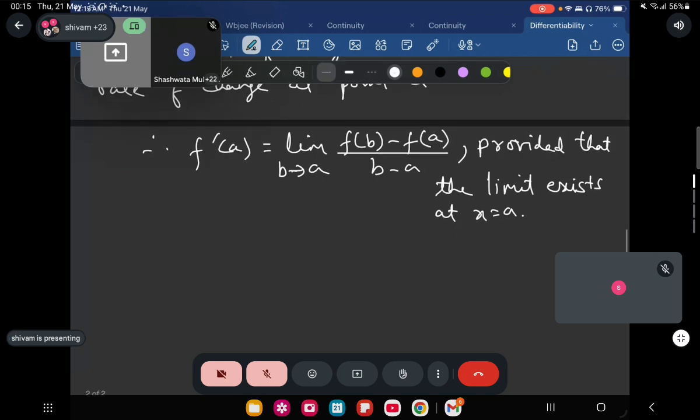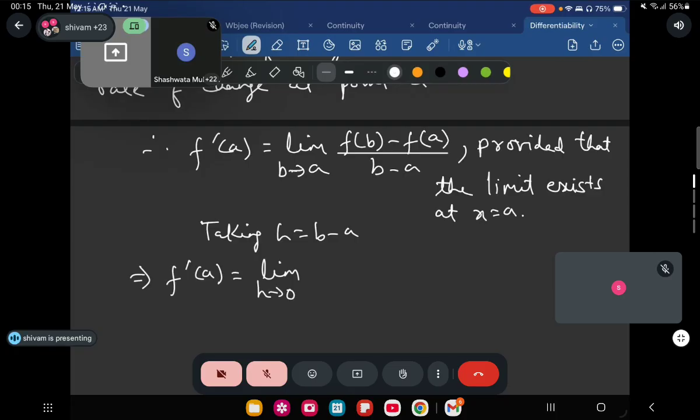Next, further, if you take h equal to b minus a, you can say f dash a is equal to limit h tends to 0, f of a plus h minus f of a divided by h.